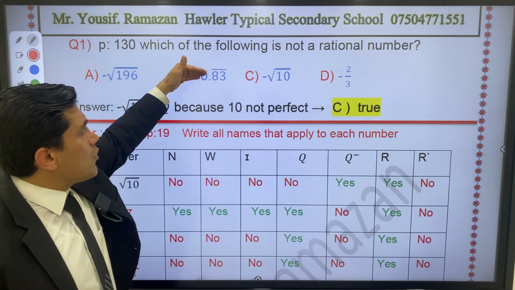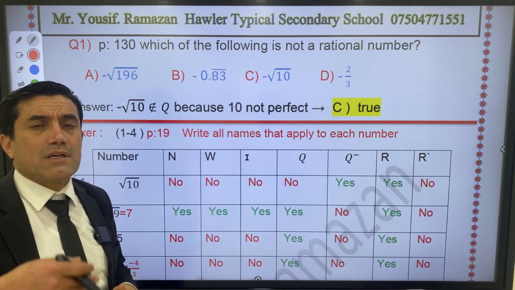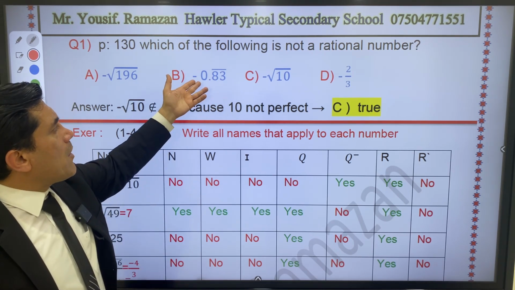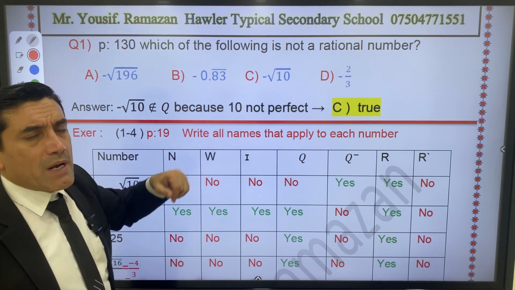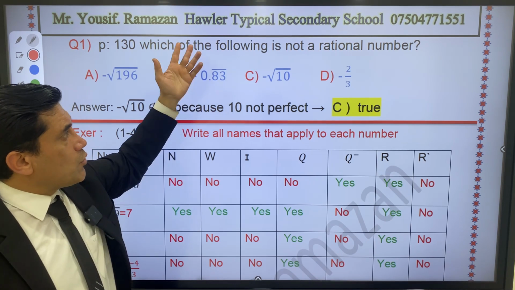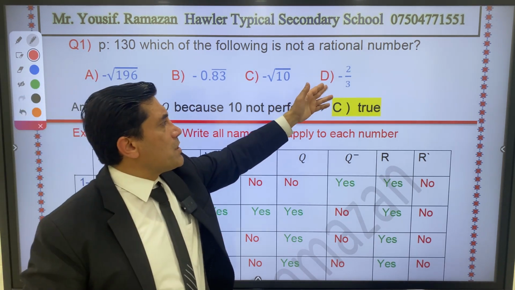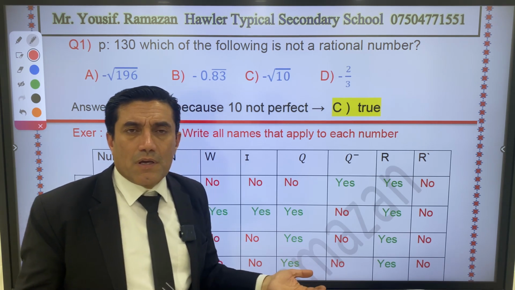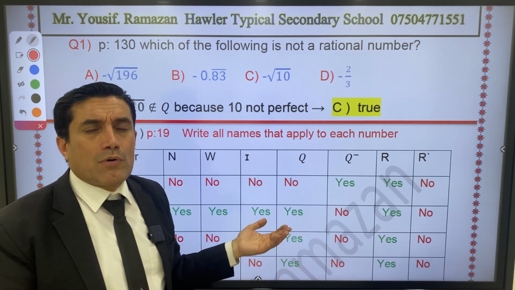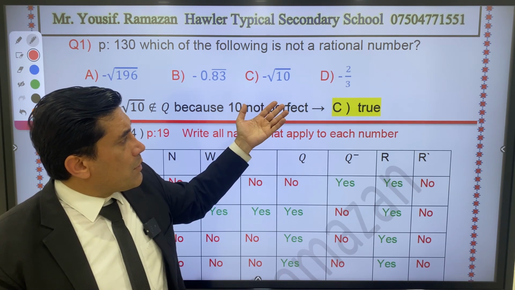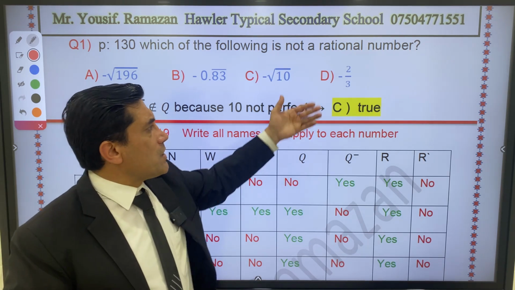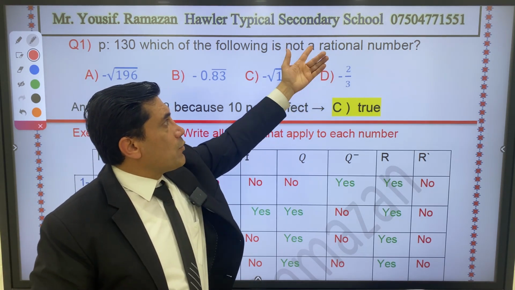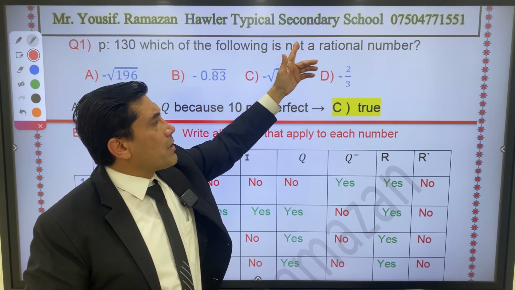Because you have a dash over 3. That means 3 is regular repeating. So branch B is a decimal number that is rational. So it's not your answer. About branch D, you have negative 2 over 3. It is a number you can write as a fraction. I said any number you can write as a fraction is rational. It's rational. But your requirement is irrational.